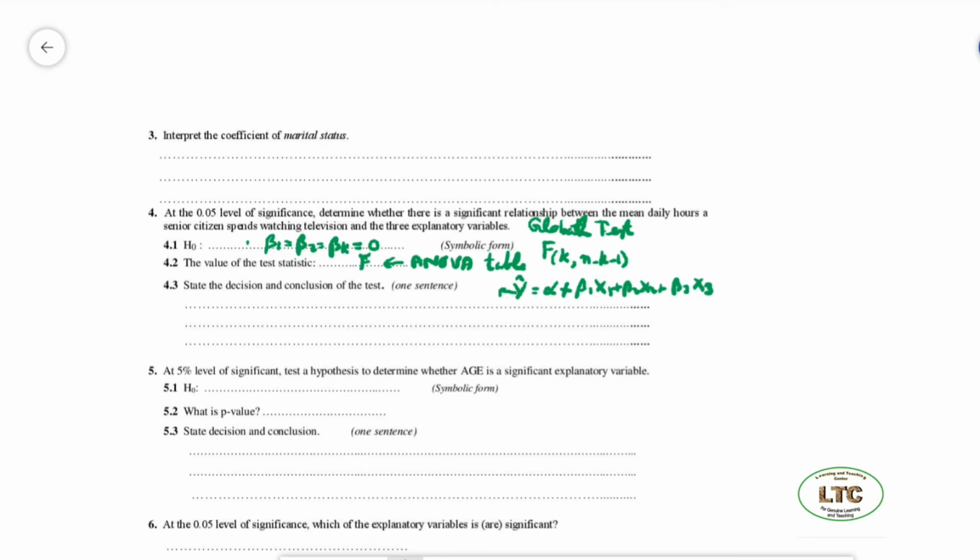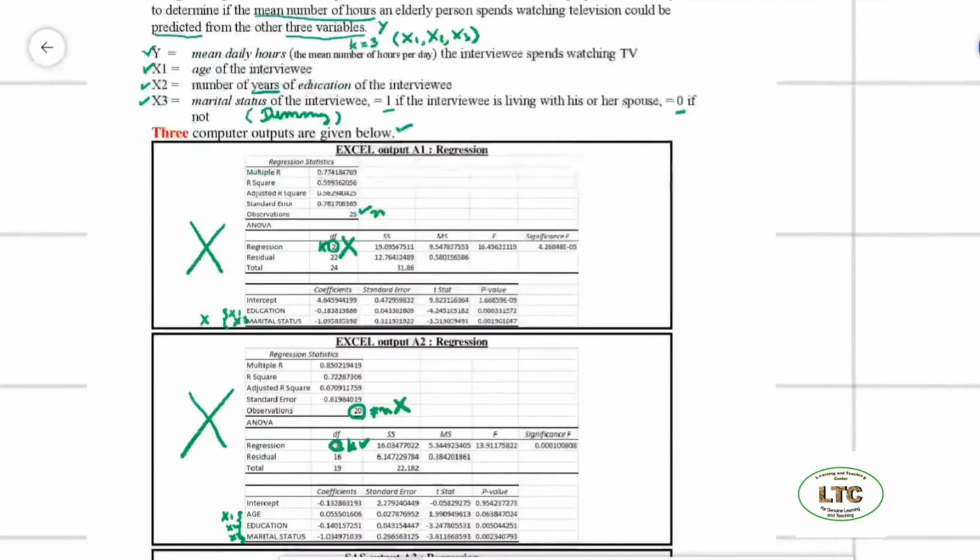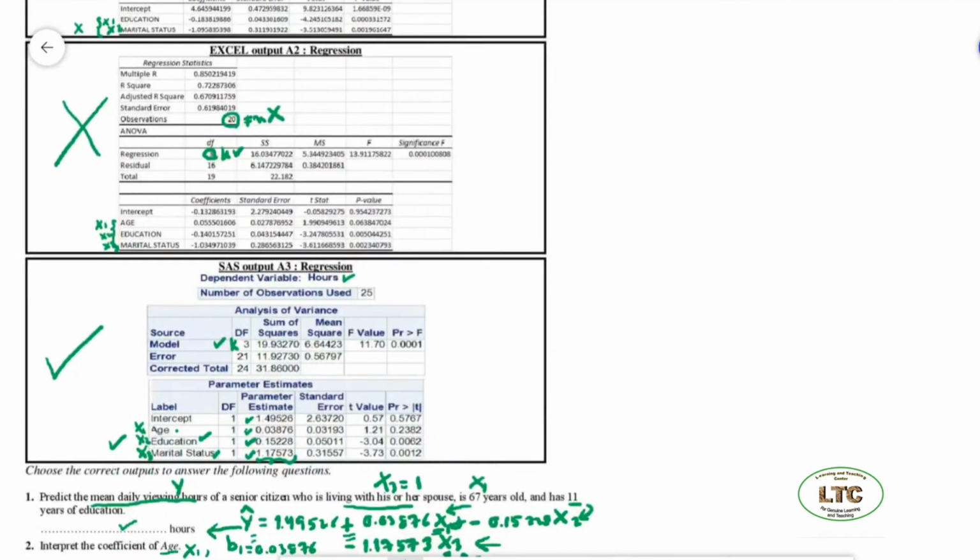You write like this, and the value of the statistic, just copy from the ANOVA table. Compute the ANOVA table, F statistic, test statistic, then this is the p-value, right tail p-value, 0.001, very small, smaller than alpha 0.05.